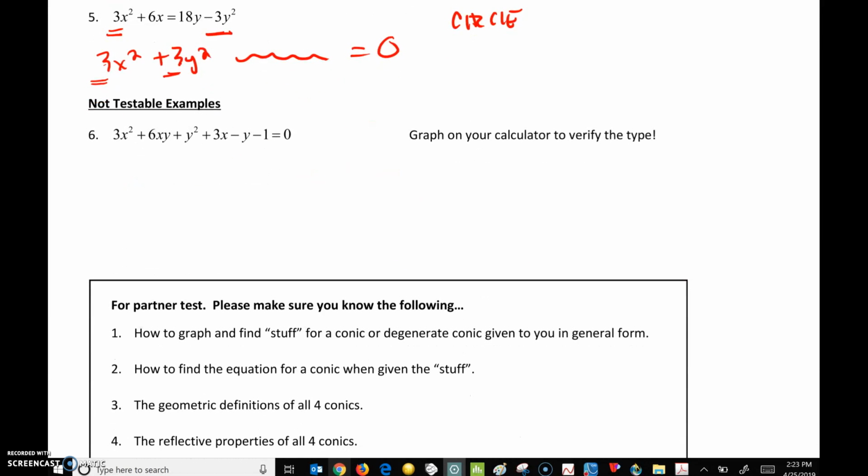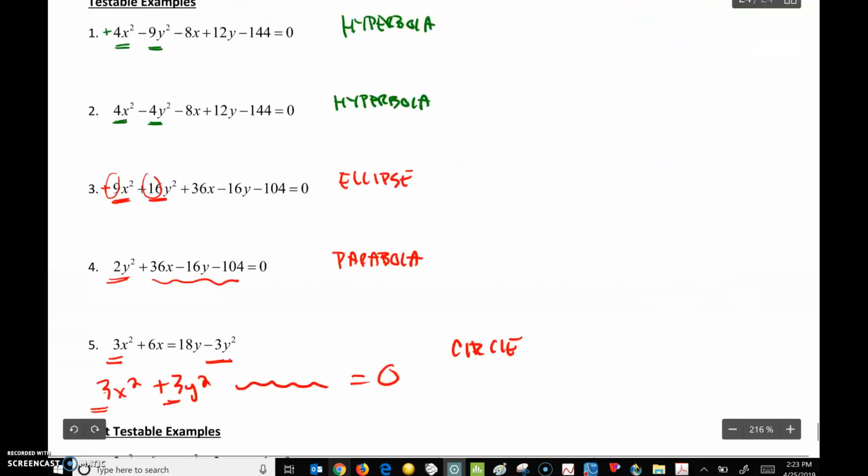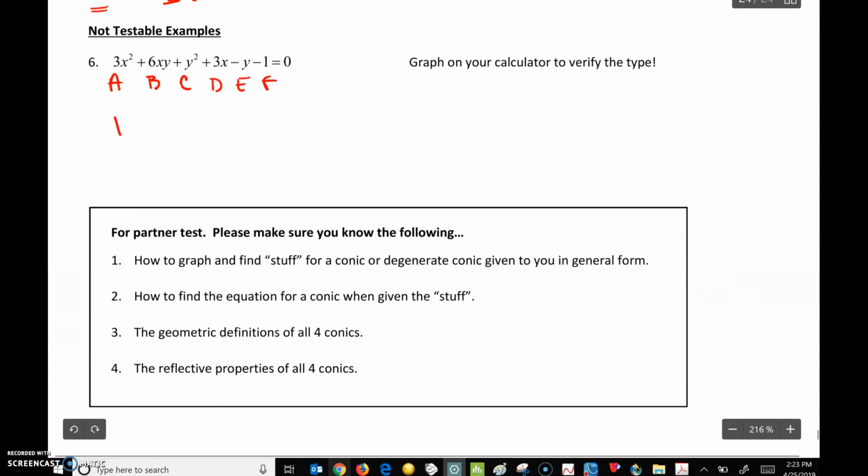Not testable examples. Okay, so this one here, this is my A, this is my B, C, D, E, F. But the only thing we really care about here is B squared minus 4AC. So let's calculate B squared minus 4AC.